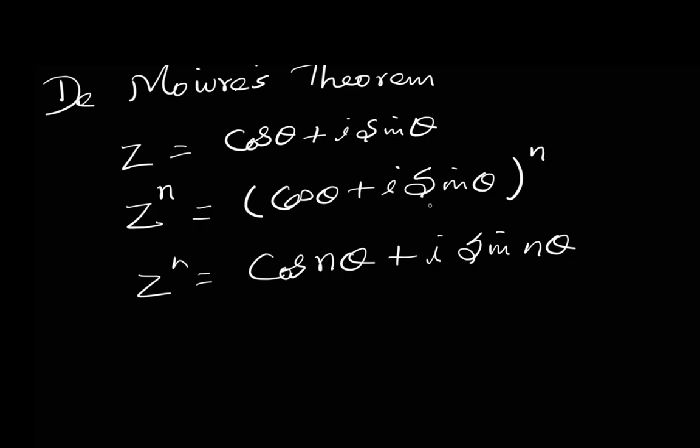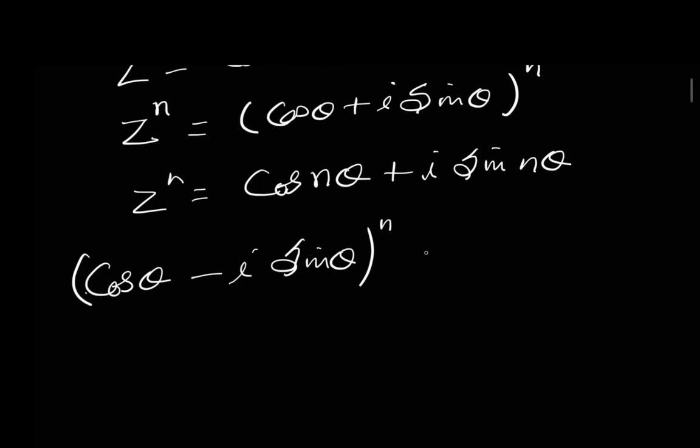(cos theta plus i sin theta) the whole power n equals cos n theta plus i sin n theta. Suppose you have the complex number (cos theta minus i sin theta) the whole power n. In that case you will get cos n theta minus i sin n theta.